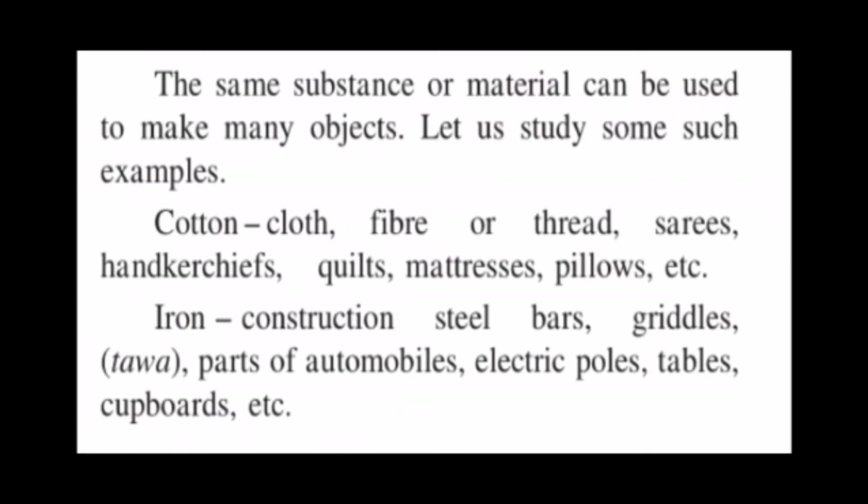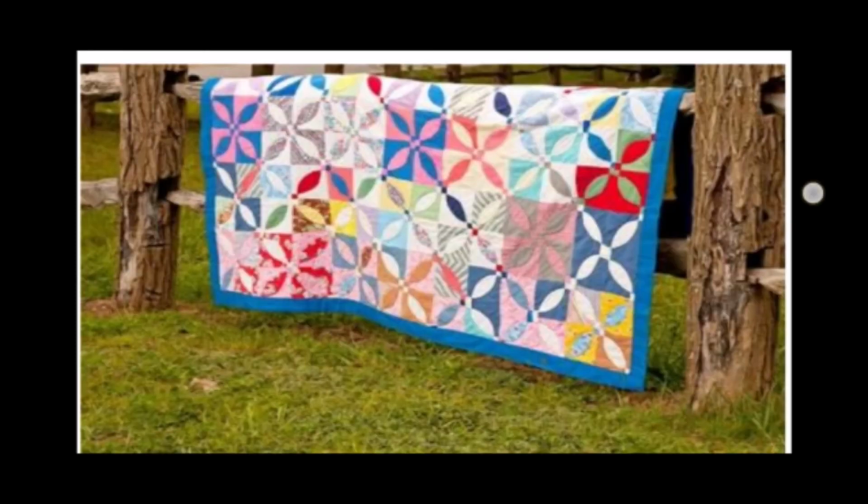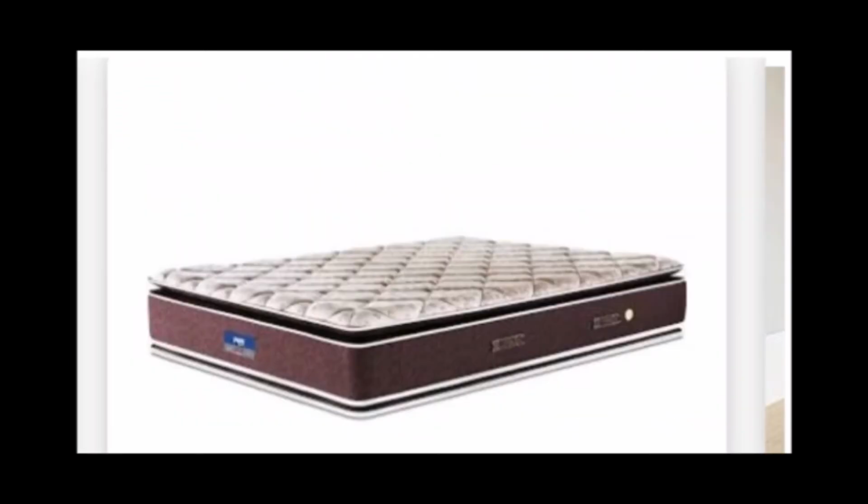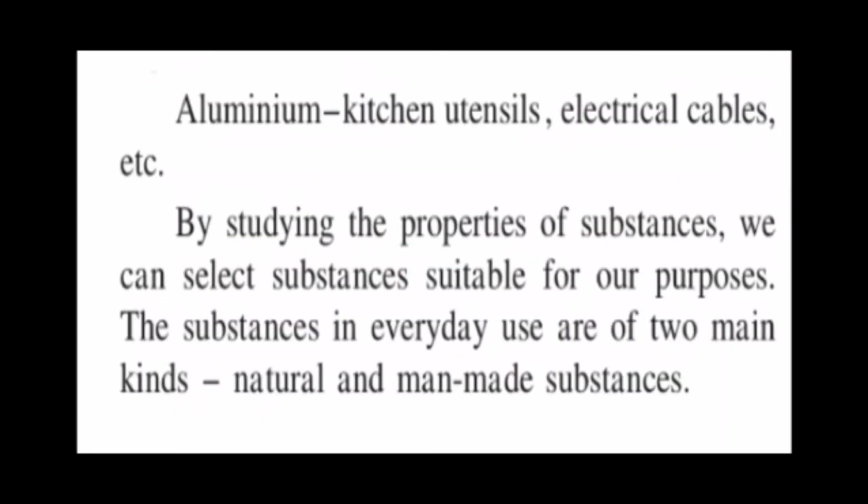Cloth, cotton, fiber or thread, saris, handkerchiefs, quilts, mattresses, pillows, etc. Iron, construction, steel bars, griddles, parts of automobiles, electric poles, tables, cupboards, etc. Aluminium, kitchen utensils, electrical cables, etc. By studying the properties of substances, we can select substances suitable for our purposes. It depends upon person to person.